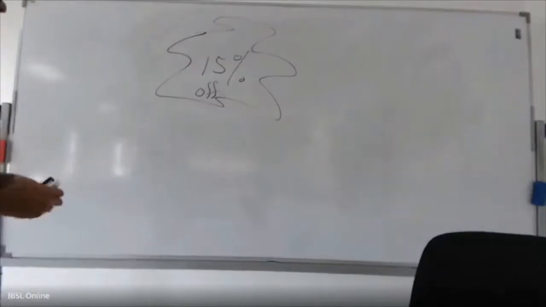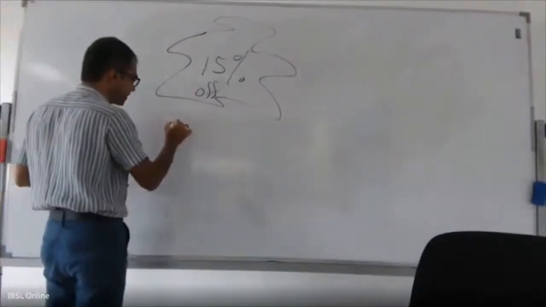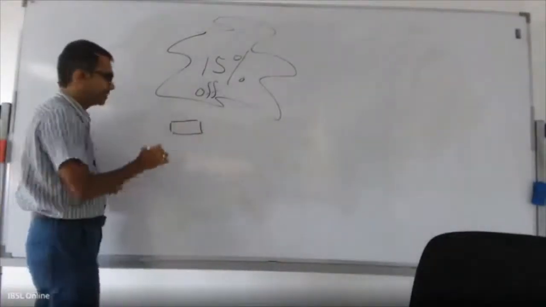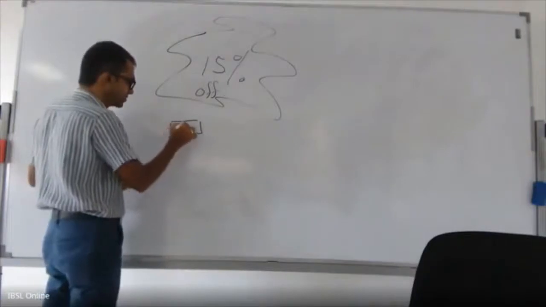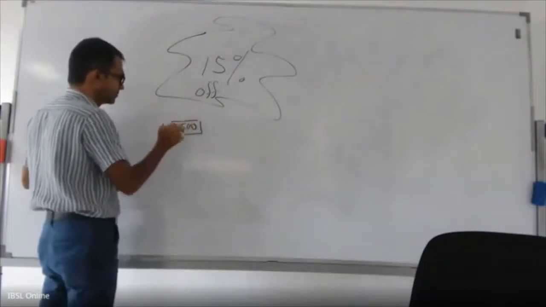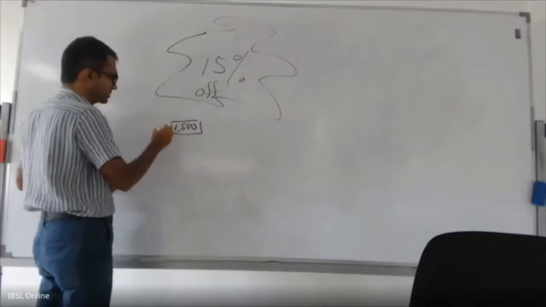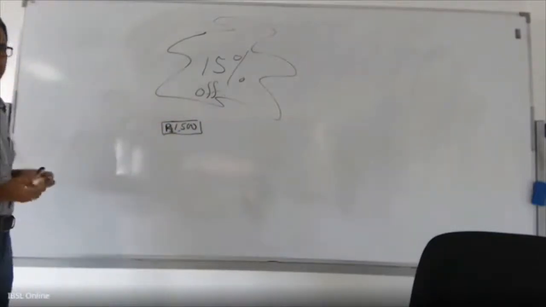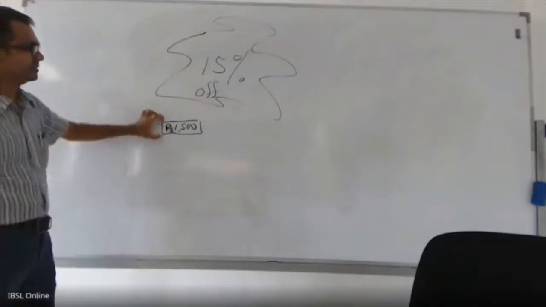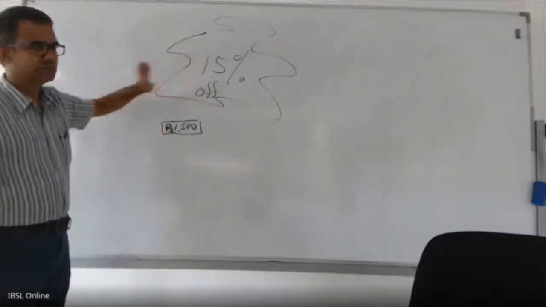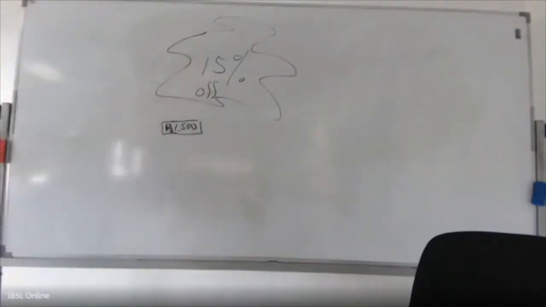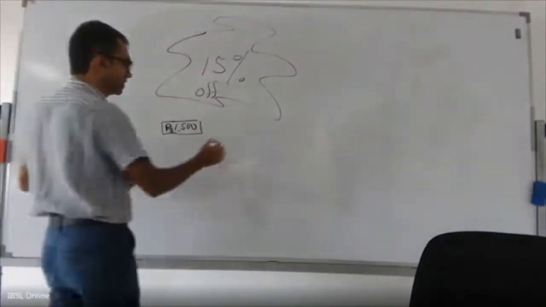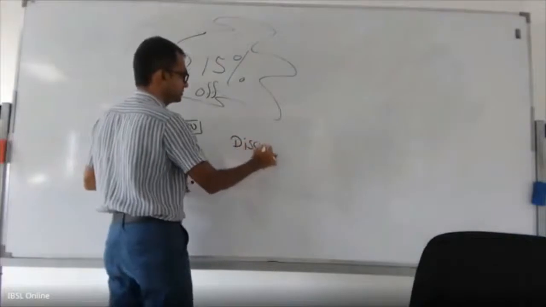So when you check the small price tag, it might say 1,500. Then from that 1,500, you get a 15% discount. Now tell me, what is the discount that you receive?